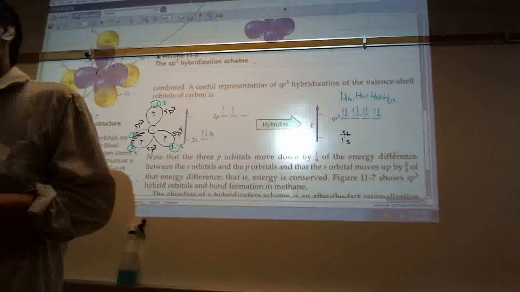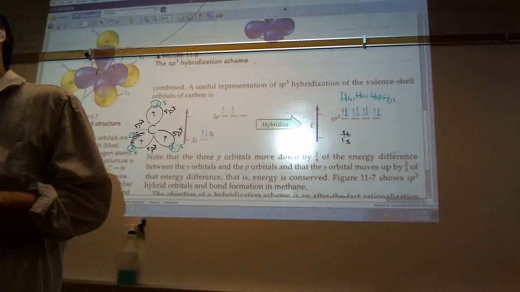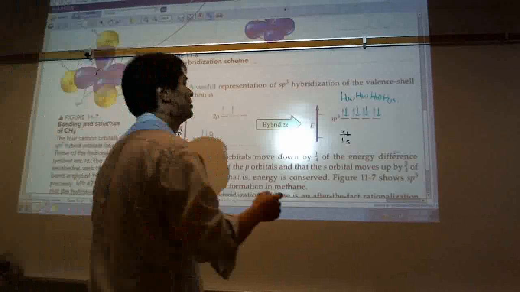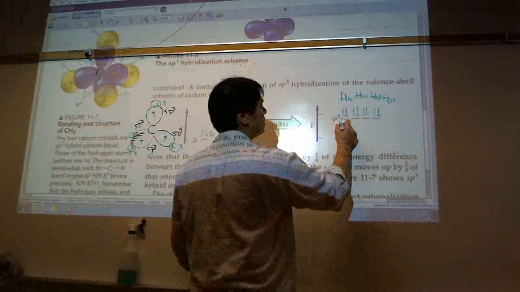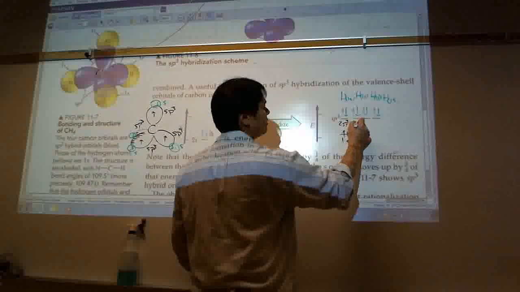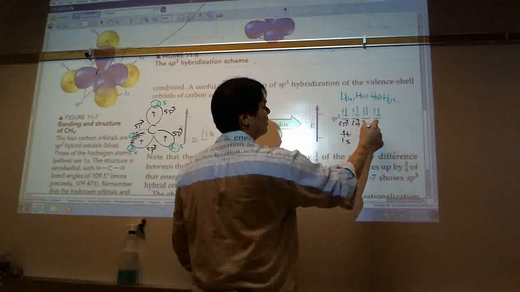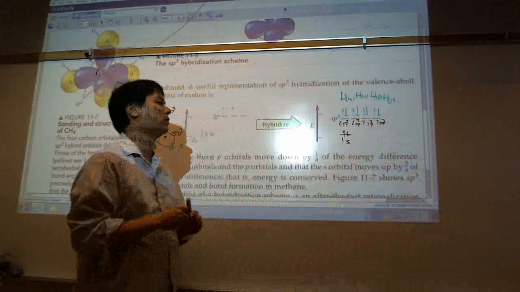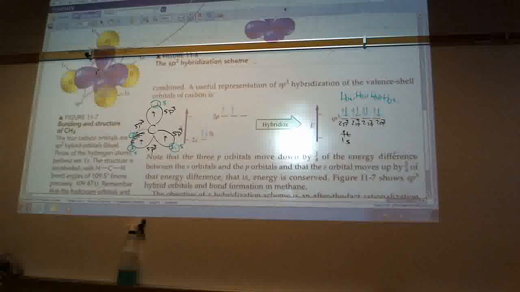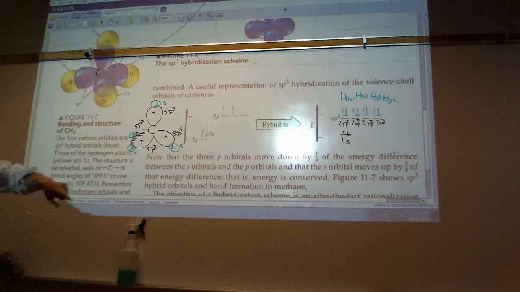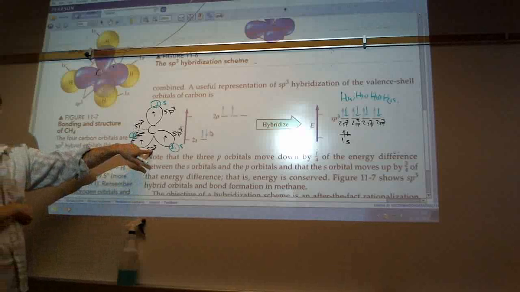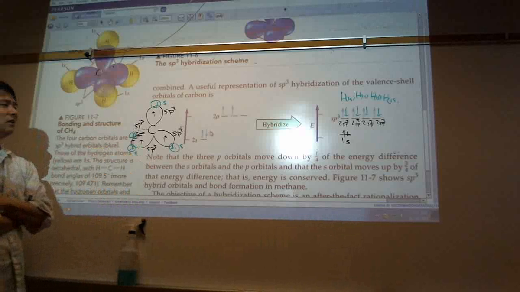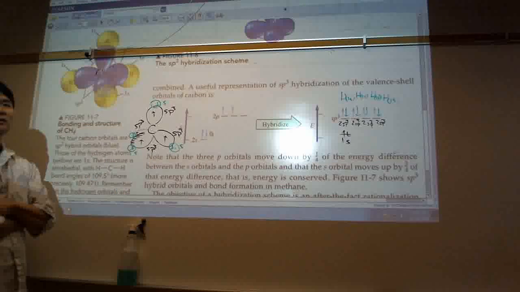How come you don't label it like 2 sp3? We should. It should be called a 2 sp3, a 2 sp3, a 2 sp3, a 2 sp3. So we have 4 of those. But when you're doing this, it becomes more of a hassle. It gets too busy. So we'll do it like this.